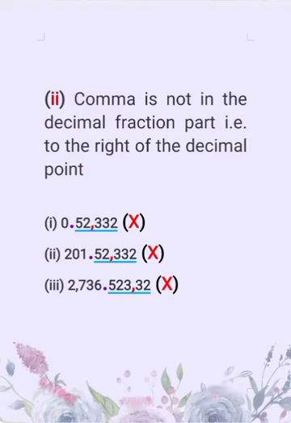And friends, it has already been said that the decimal fraction part is not read as a number but as digits. That is, 0.52332 cannot be read as zero point fifty-two thousand three hundred thirty-two. Remember, it is zero point five two three three two, 201 point five two three three two and 2736 point five two three three two.